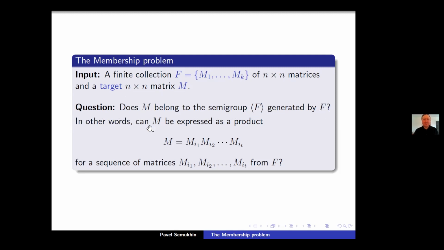In other words, can we express M as a product of some matrices from this set F? And of course, in this product, we can use the same matrix as many times as we want. So this is the general statement of the membership problem.